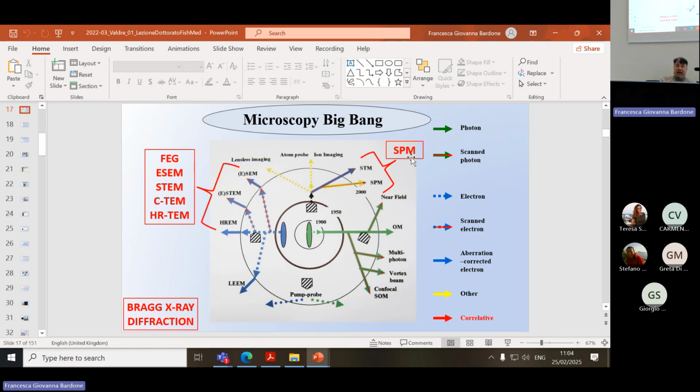Maybe you know atomic force microscopy, maybe you know scanning tunneling microscopy. They are a different type of microscopy which use scanning as an engineering method to acquire information from the surface. They use a probe. They are not electrons, they are different types of probes, and the names are scanning probe microscopy. I will show you the difference, just to be clear at the beginning.